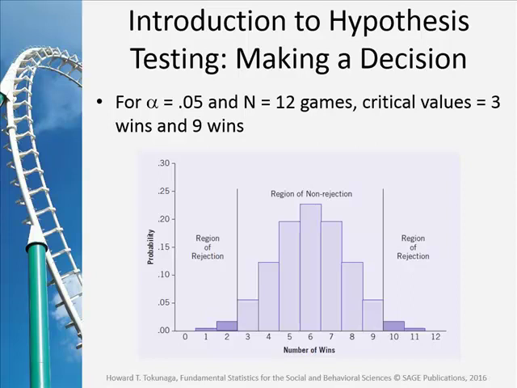1.96. So if we're doing a z-score to see, again, is our sample statistic that we have really far away from the expected value, which is in the middle, the z-score has to be greater than plus or minus 1.96.